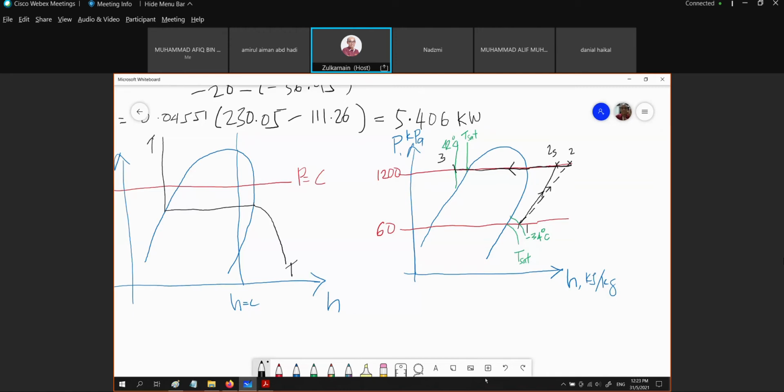After that, we have our throttling process, 4. And then we have our evaporation process at the evaporator. So that is how our pH diagram looks like for this question.